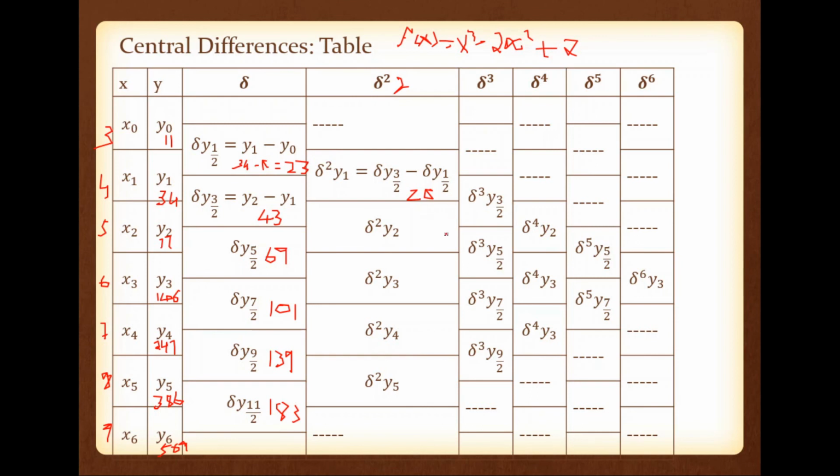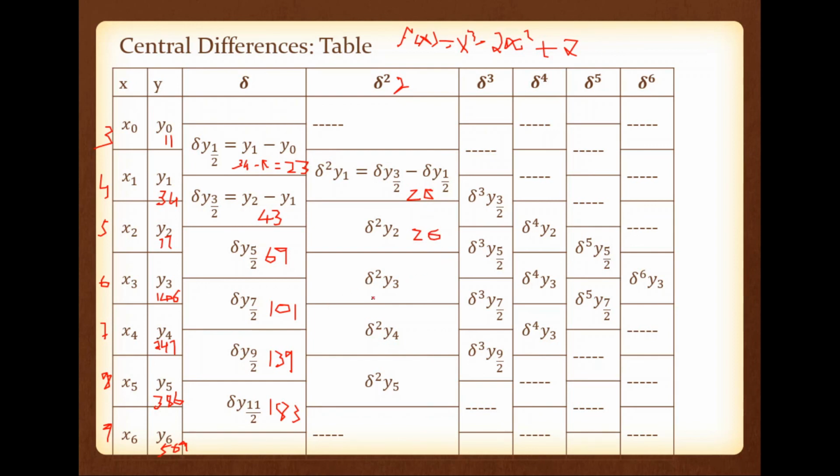Is it okay? So now what is the next one? Delta square y2. That one is the central difference of delta y 5 by 2 and delta y 3 by 2. So that is 69 minus 43. What is the value? That is 26. Okay.